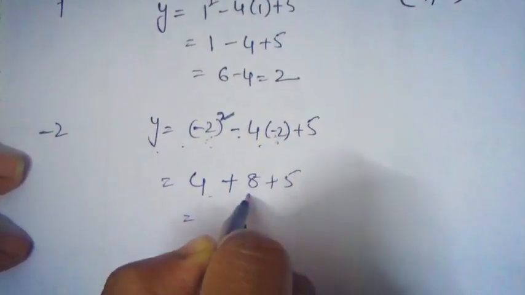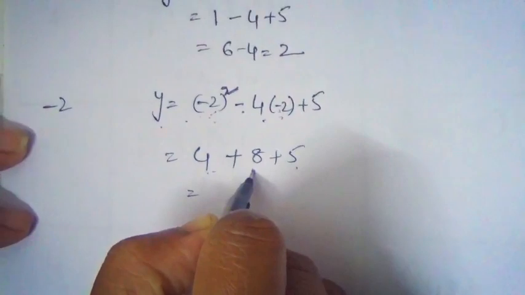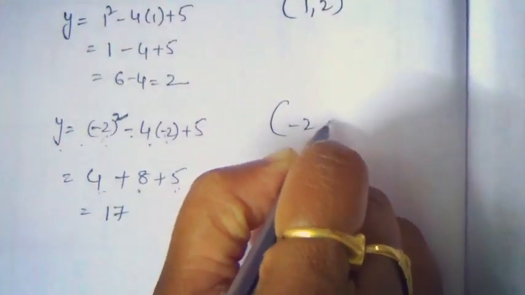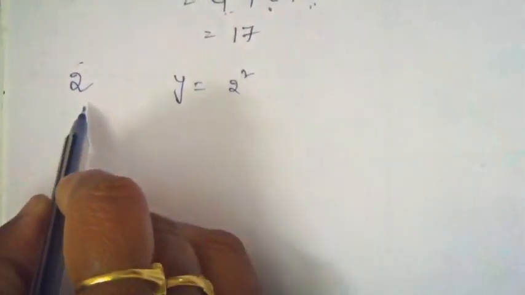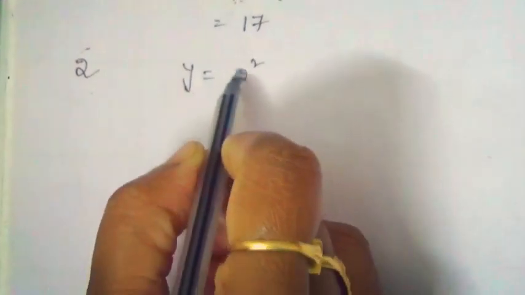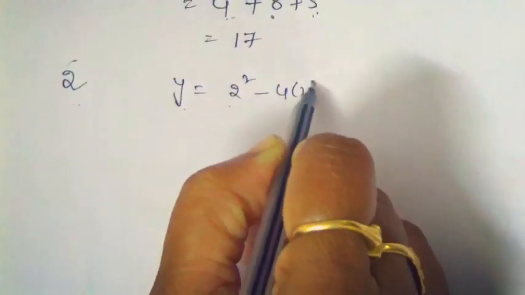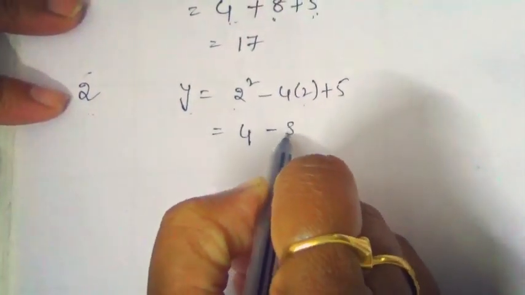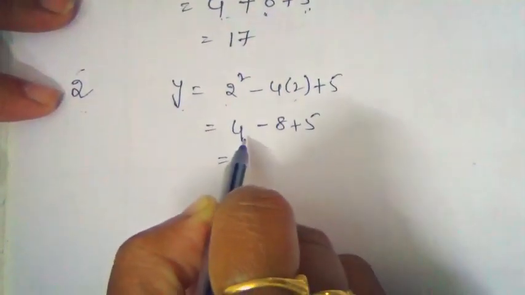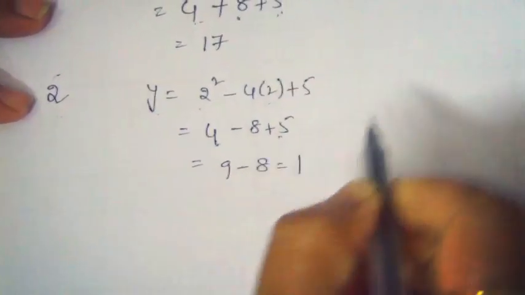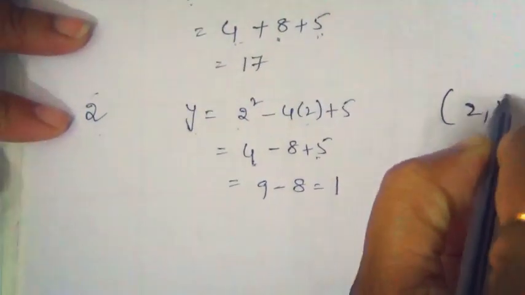That is 4 plus 8, 12, 12 plus 5, 17. Here the values are minus 2 comma 17. Now one more positive value, that is 2. y equals 2 square minus 4 of 2 plus 5, that is 4 minus 8 plus 5, which is 4 plus 5 minus 8, that is equal to 1. So here 2 comma 1.